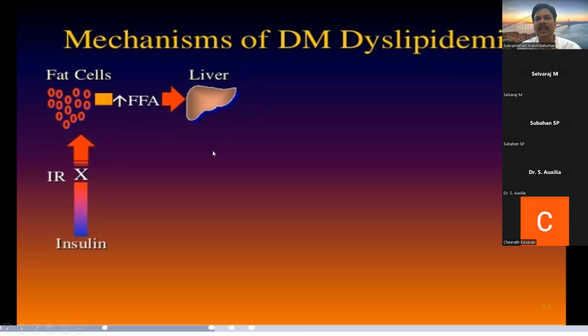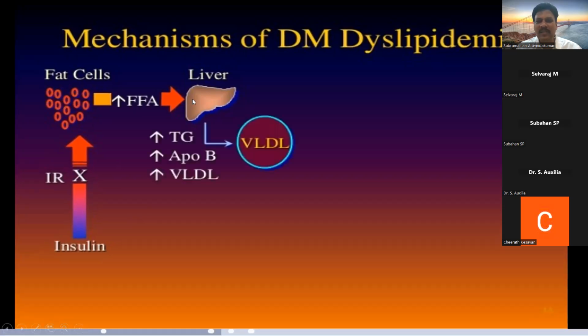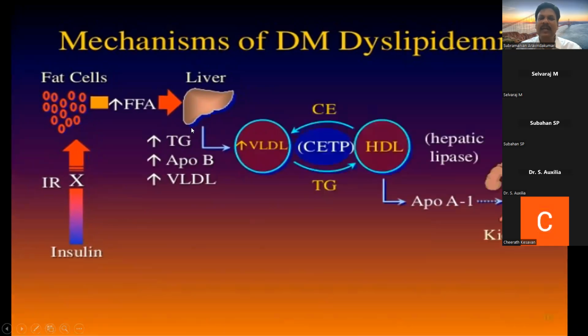This causes diabetic dyslipidemia. Insulin resistance means more free fatty acid, more coming into the liver, and more production of VLDL. VLDL is a triglyceride-rich molecule, right? What happens with VLDL? It exchanges cholesterol ester with HDL.